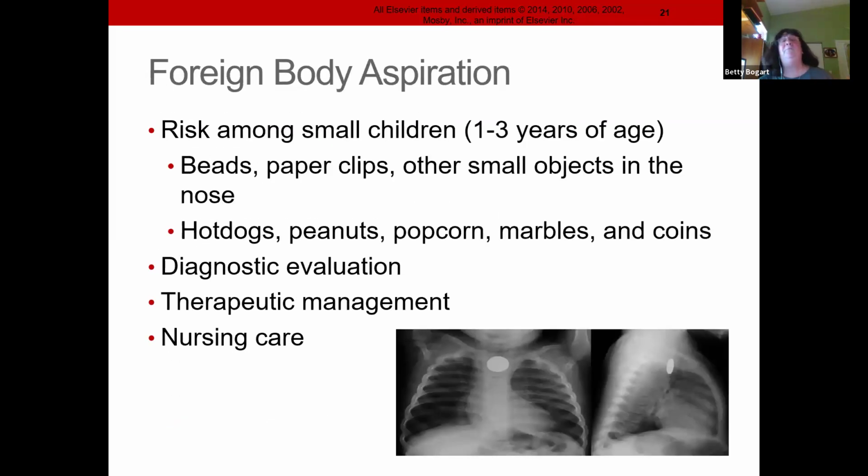So, foreign body aspiration. You talk about children and you think that if they're going to pick a coin, they're going to pick the dime or the penny. I've never seen a dime or a penny. It's always a quarter.